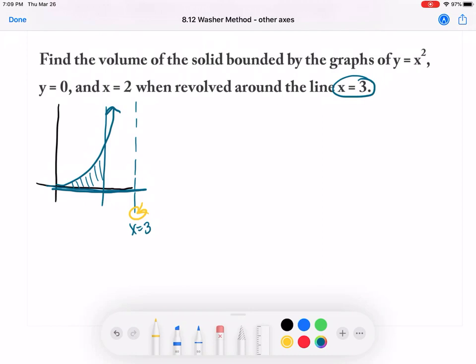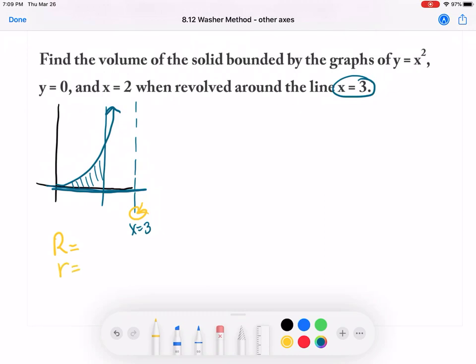Okay, so you can see that this is going to have a hole in it because our region is not connected to the axis of rotation, so there will be a hole, and anytime there's a hole we have to use the washer method. So let's talk about big R and little r.